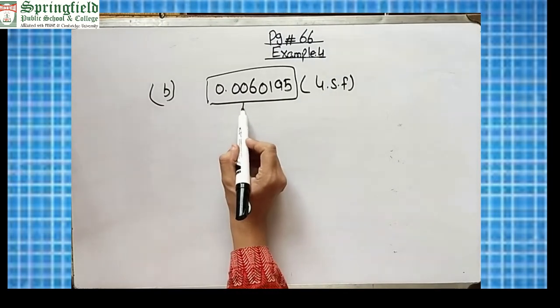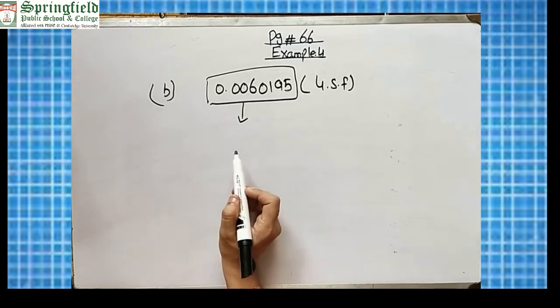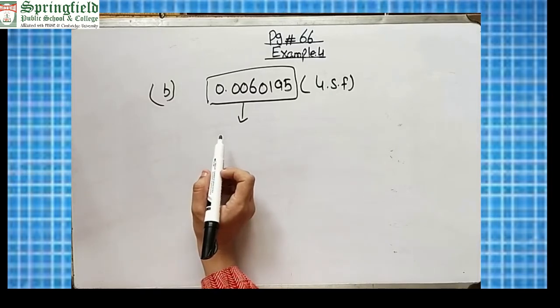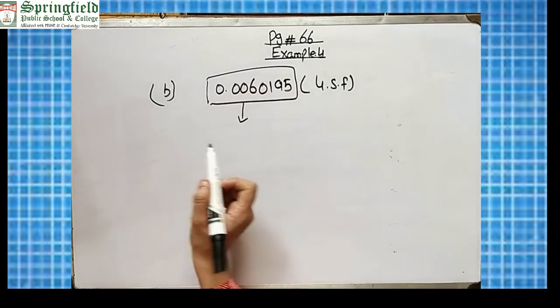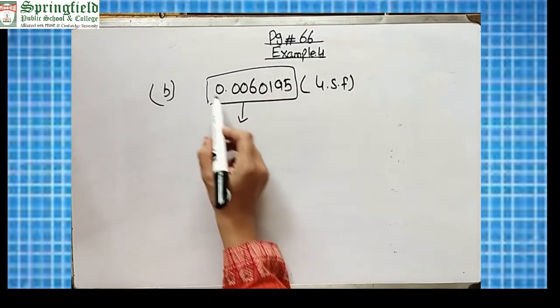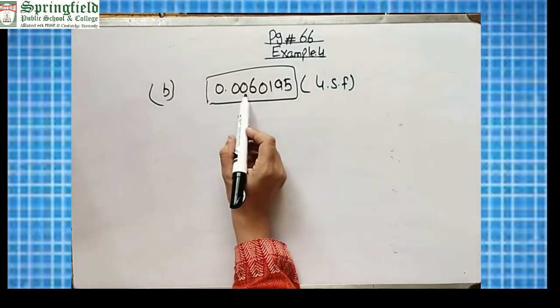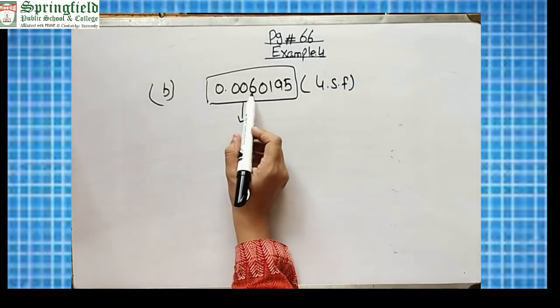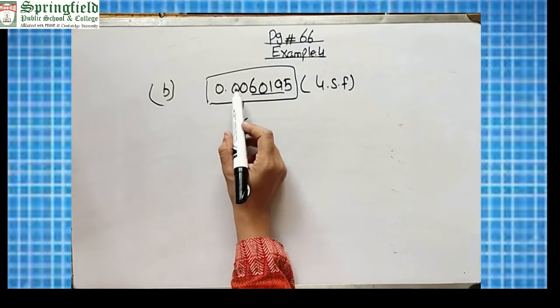So how can we round off? Okay beta, what was rule 4? Do you remember? As we have already discussed, rule 4: in a decimal number, the zeros before the non-zero digits are not significant.